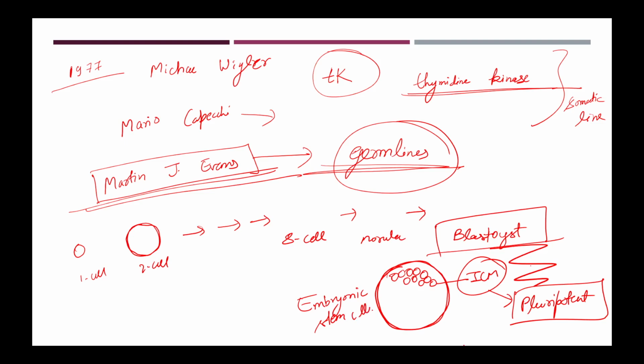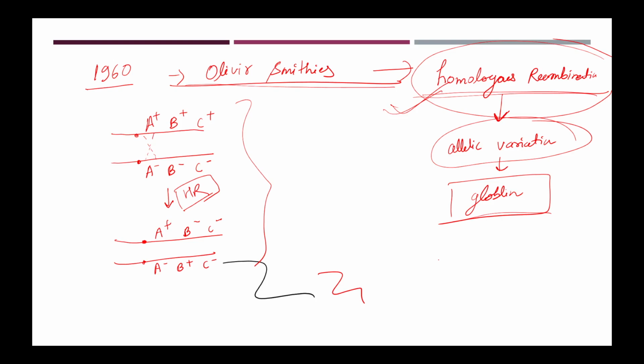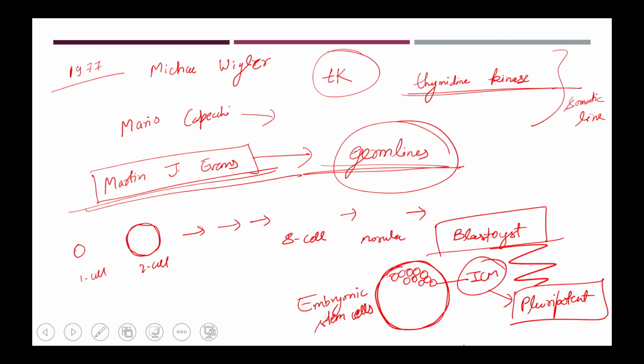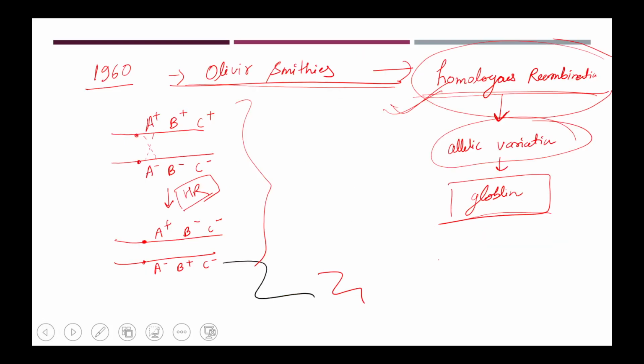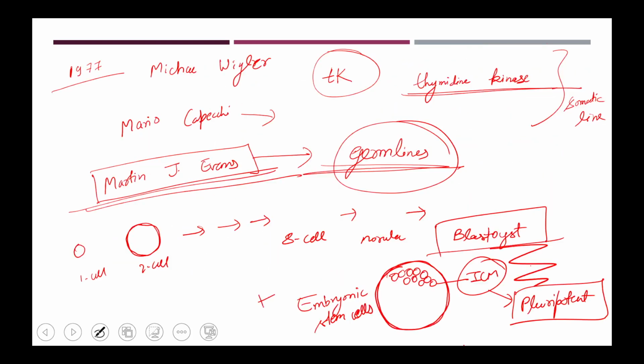So he was the one who applied this targeted gene modification in the embryonic stem cell, which he further fused with the blastocyst of another mouse, and then he was able to introduce or modify the sequences.